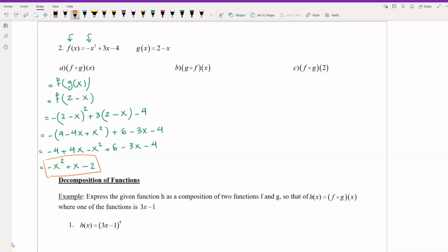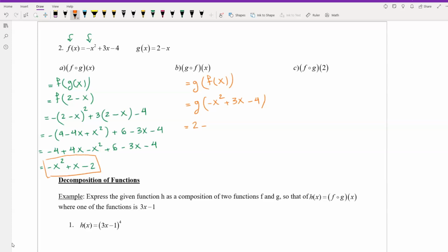Part B, find g of f(x). The inner function is f of x. We're using negative x squared plus 3x minus 4. Now the other function is g. So here instead of x we have to use negative x squared plus 3x minus 4.